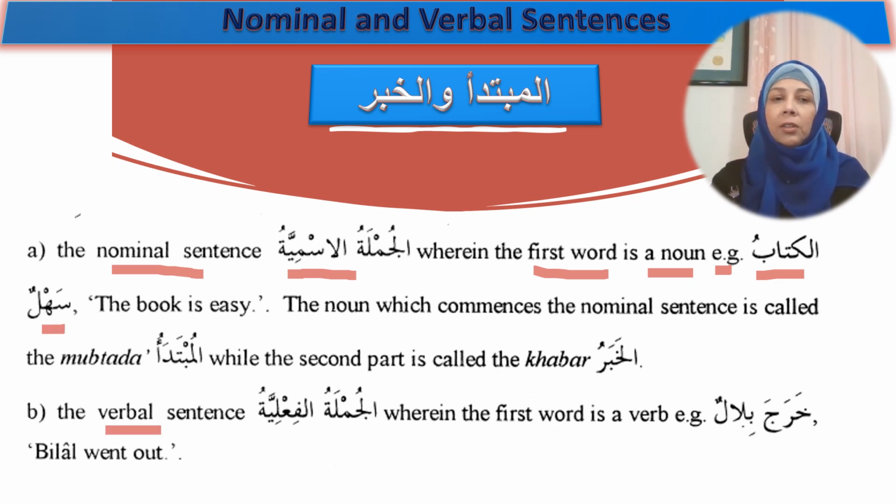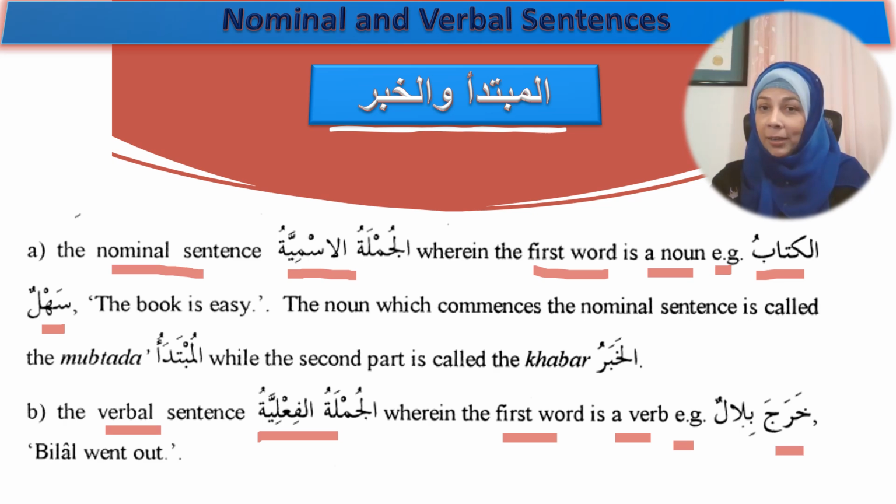And we talked about the verbal sentence, which in Arabic is called Al-Jumlatul Fi'liyatu, where the first word is a verb. For example, Kharaja Bilalun, where kharaja is the verb and bilalun is the subject of the verb, the fa'il.